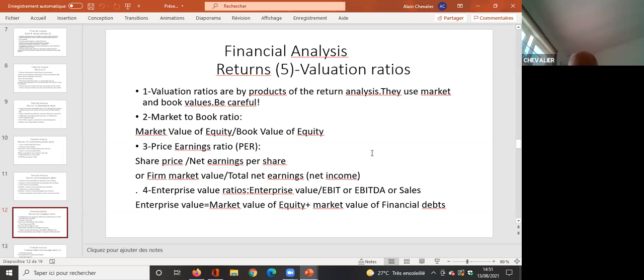Here the ratio uses the market value of equity and not book value, plus the market value of financial debts. This is what we call the enterprise value, and you divide it by the EBIT, the EBITDA, or the sales level. You will find these three ratios used in financial analysis. We'll come back to that ratio later. It's very often used in valuation processes.